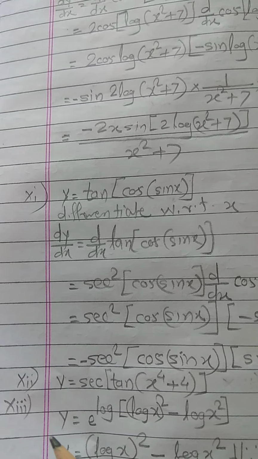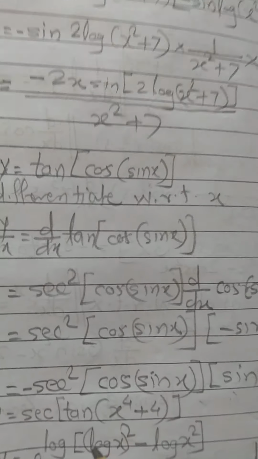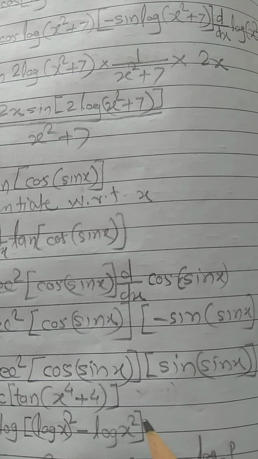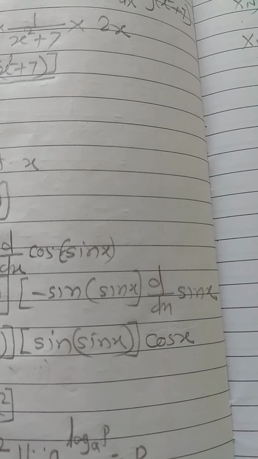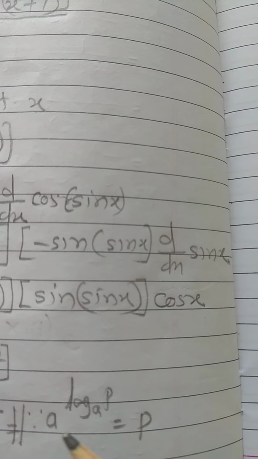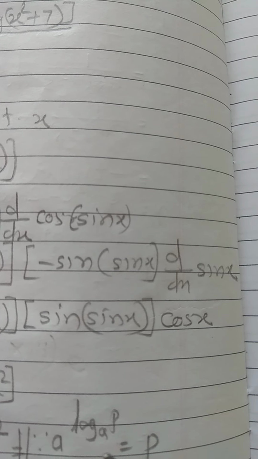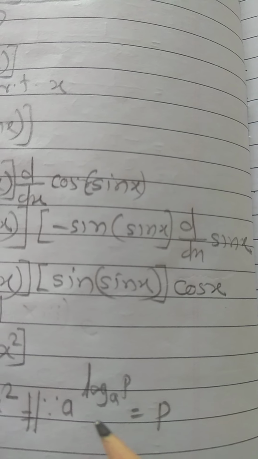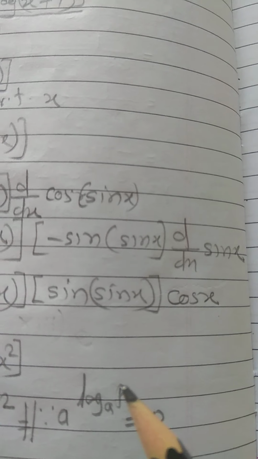Question number 13, y equals e raised to log of x square minus log of x square. We have to use the property that a raised to log of p to the base a is always p. That means if this base and this base are the same, then the answer is p.